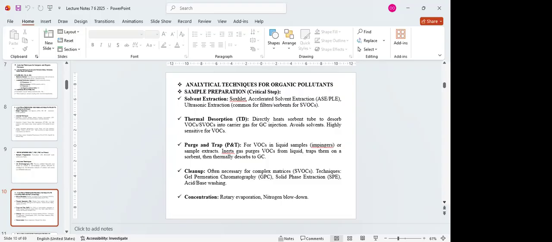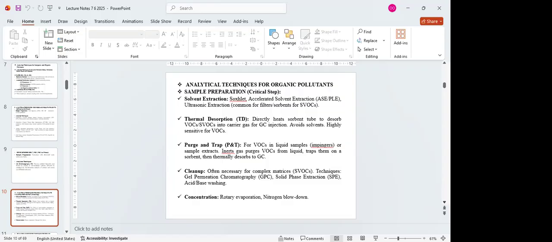Now, the accelerated solvent extraction, all of them are almost the same thing. The difference here is the burst of energy, the blast that gives heat energy. For solvent extraction, a minimum of 6 hours is required.